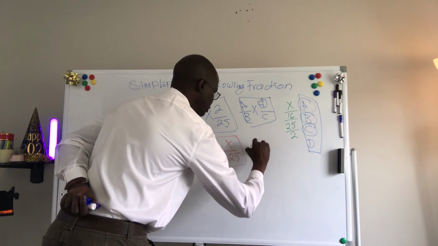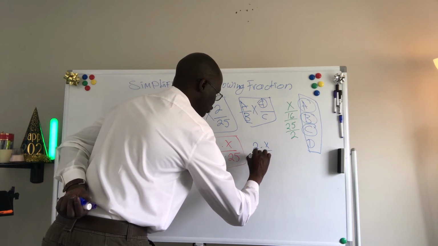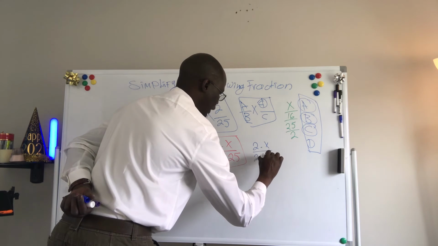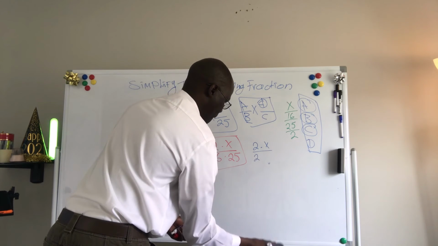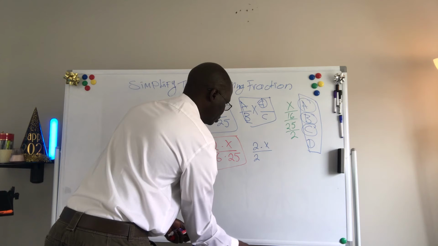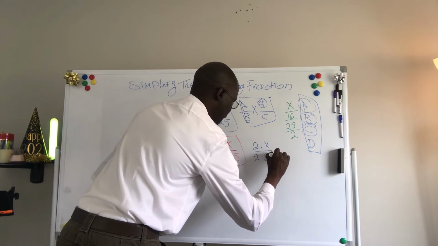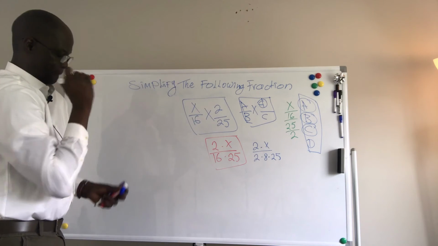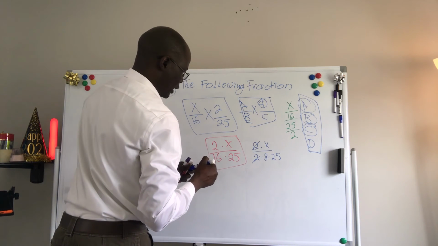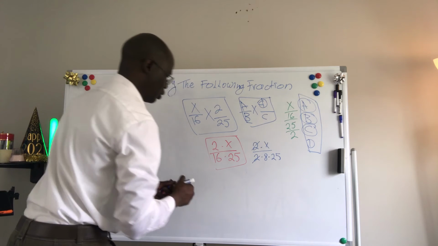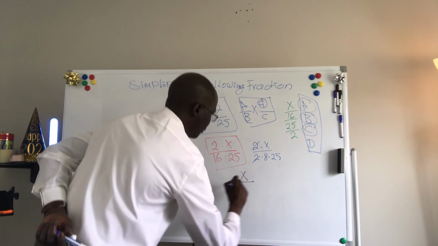So it will equal 2 times x over 2 times 8 times 25. 2 will cancel with 2, and you will see what remains with x divided by.